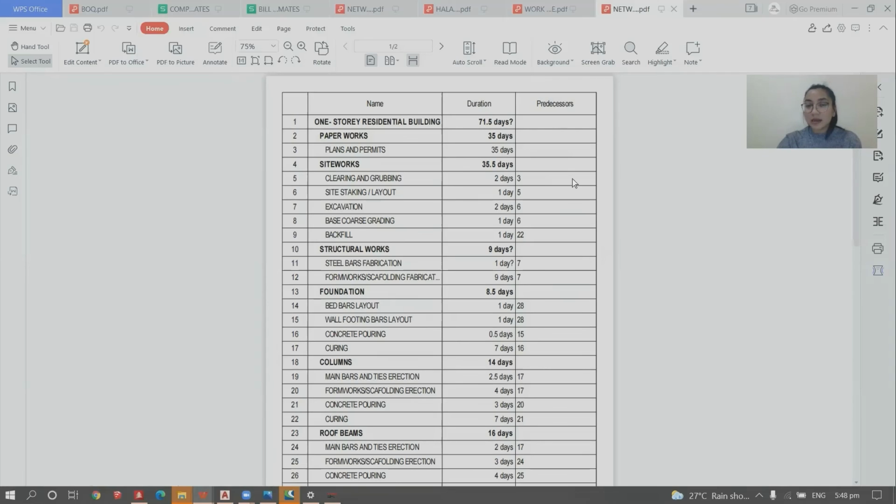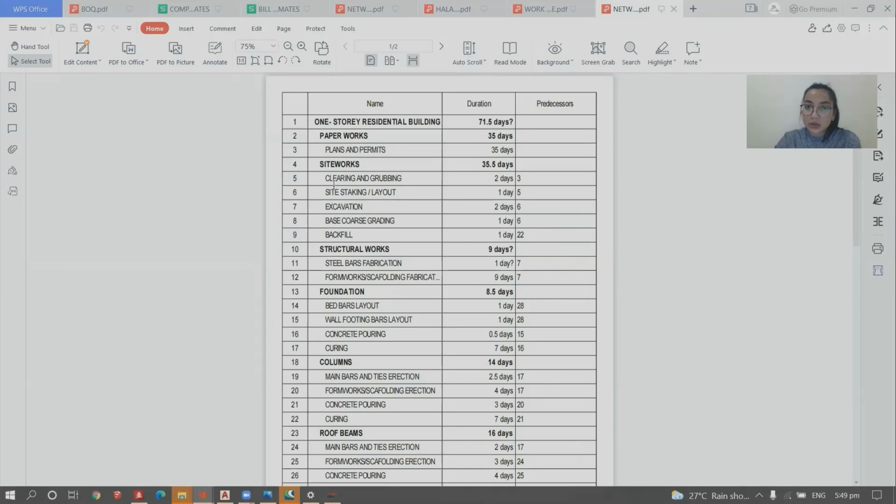So this is the activity network for the project construction. These are the series of activities needed to finish the project. First is plans and permits, we have 35 days.